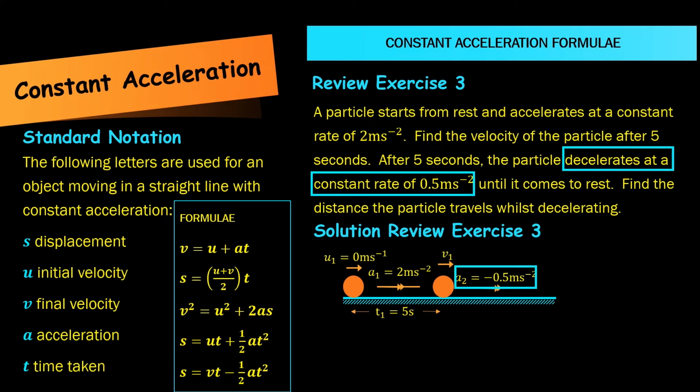For the second part of the journey, we have that the acceleration, a2, equals minus 0.5 meters per second squared. Notice that the particle is decelerating at 0.5 meters per second squared, which means its acceleration is minus 0.5 meters per second squared.